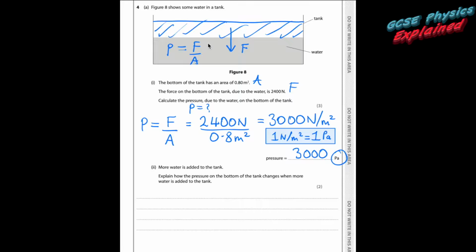So the area stayed the same, but the force got bigger. That'll make the pressure get bigger as well. More force from the water, so bigger pressure. And you should always base your explanation on the calculation as I showed you up the top.